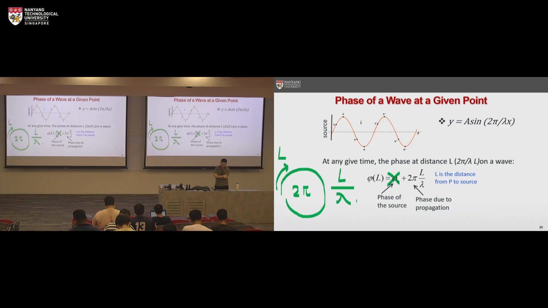And depending on the source, let's say originally the source is 0, then the first term is gone. If the source is already non-zero, let's say your source already contains 1 pi, then you can add 1 pi on top of it. Okay, so this is the definition of the phase.